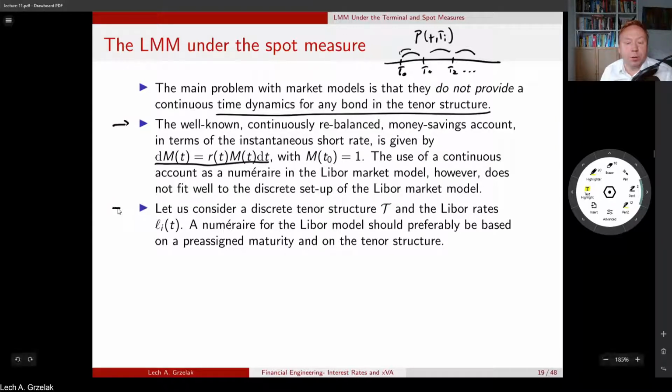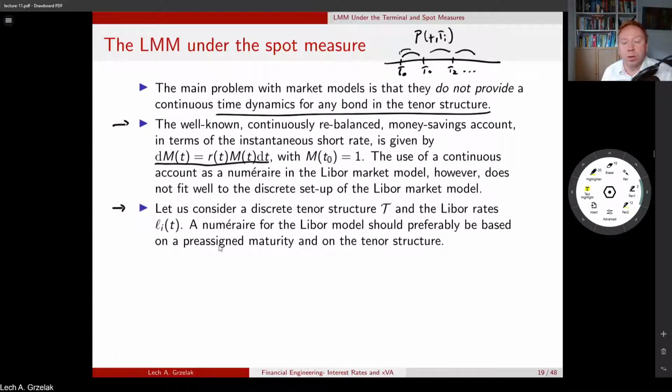If we consider a tenor structure, those taus, capital tau, and the tenor structure are those T0, T1, T2, and so on, and we have Libor rates defined on this tenor structure grid, the numeraire for the Libor model should preferably be based on a pre-assigned maturity on the tenor structure.